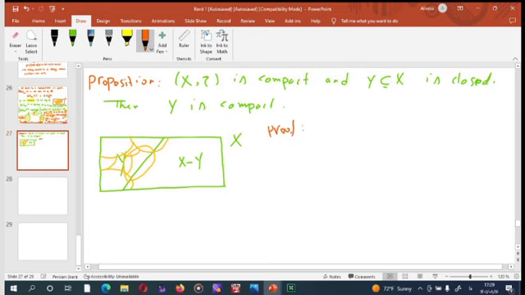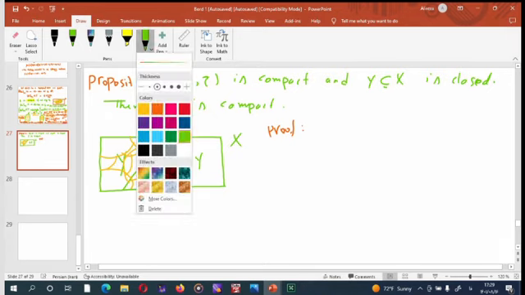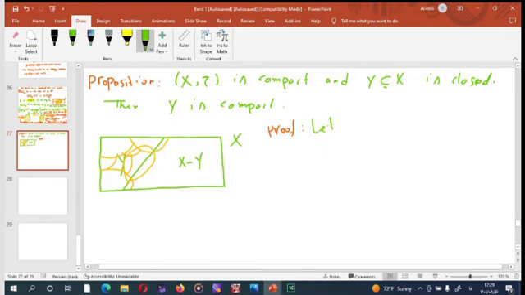Proof. Let this be an open cover for Y. We want to prove that Y is compact, so that we must prove any open cover for Y have a finite subcover.